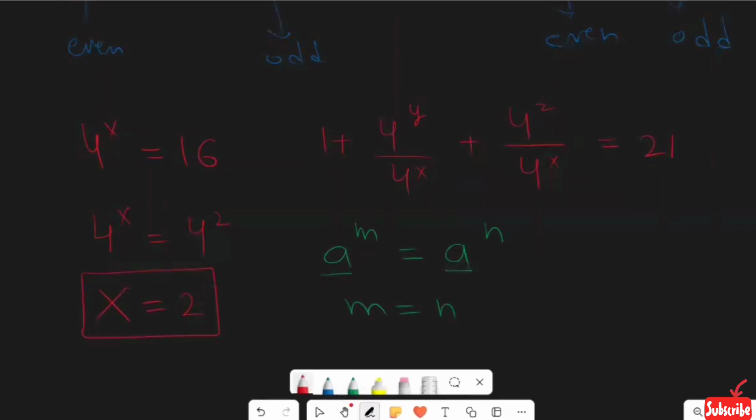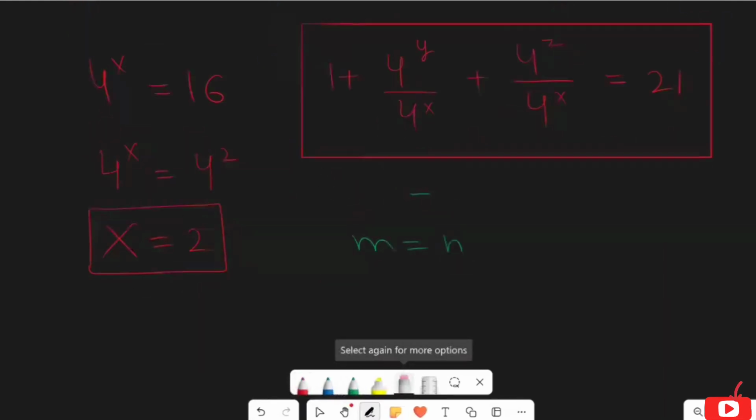Now I am going to solve this remaining expression. Here I am going to take this 1 to the right hand side. So 4 to the power of y plus 4 to the power of z over 4 to the power of x is equal to 21 minus 1.